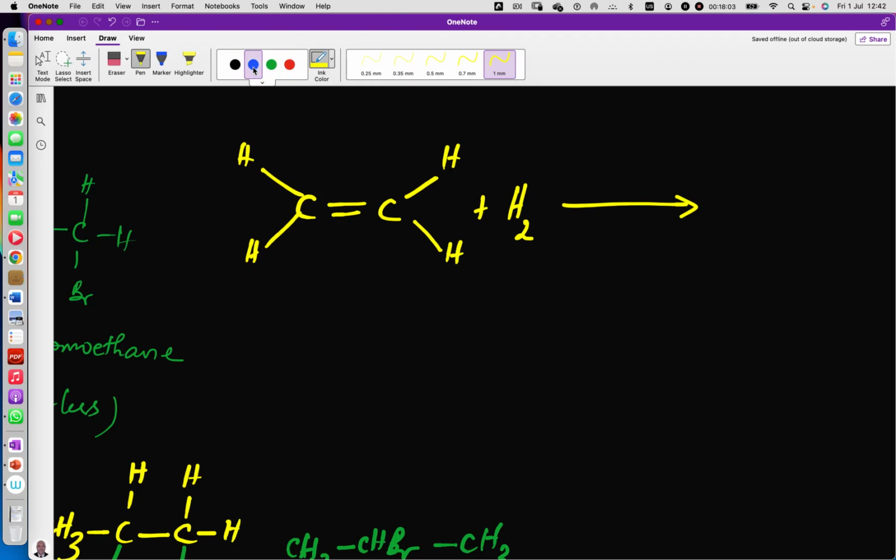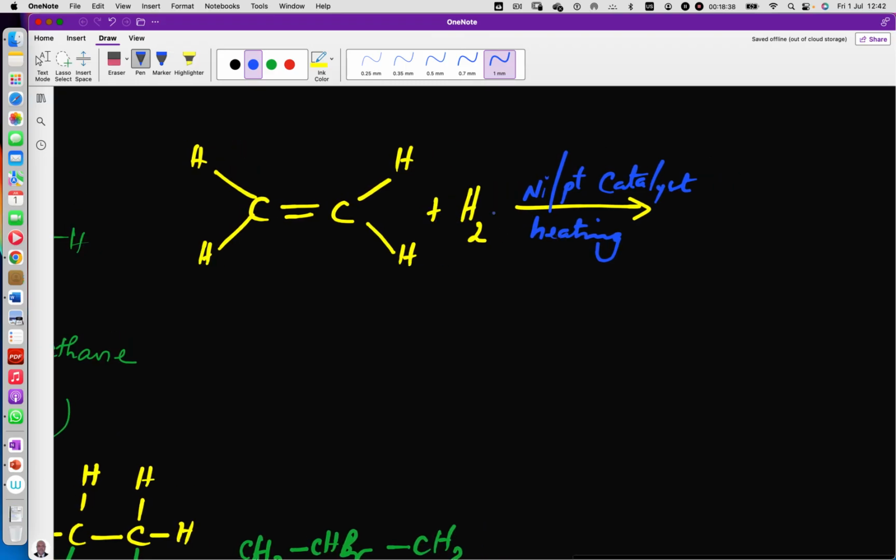It could be nickel catalysts, or we can call it platinum catalysts. You will do heating. You will heat it.